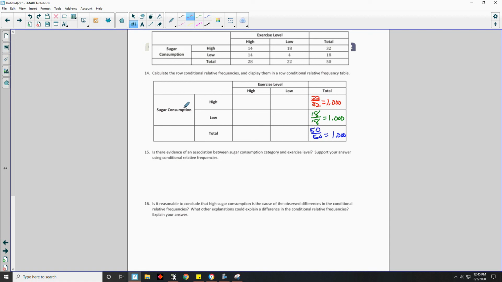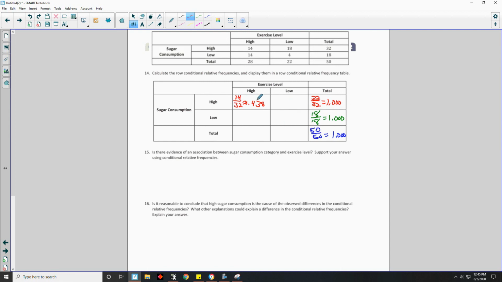Alrighty, so now we're going to go back up, to sugar consumption. High sugar consumption, high exercise level was 14 out of 32. So we're comparing the rows. So it's going to be 14 out of 32, which is approximately 0.438.